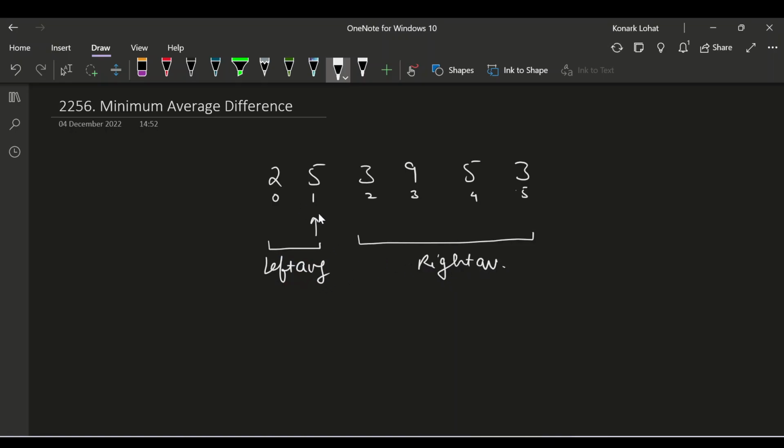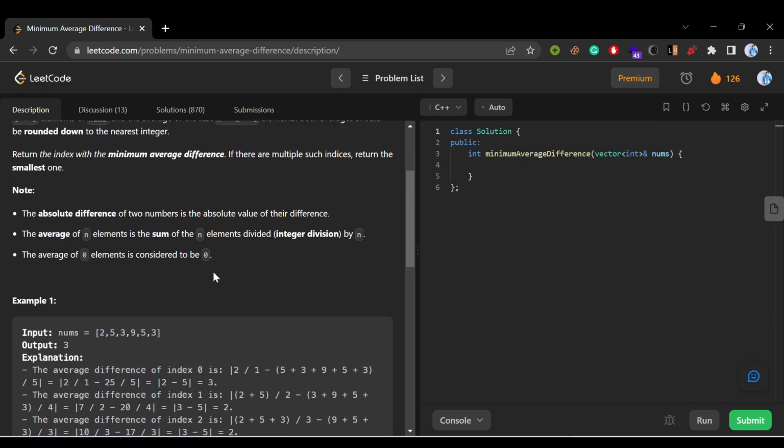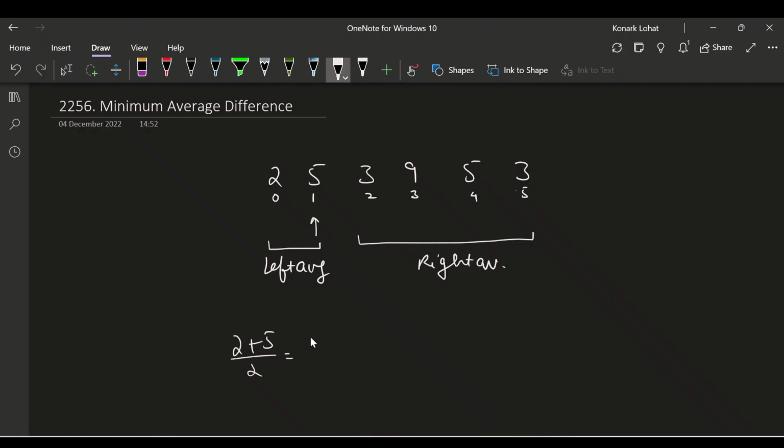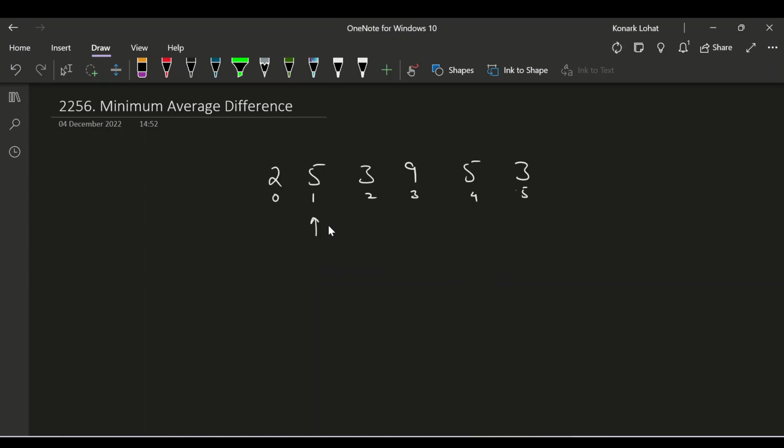So what will be the left average for this point? It will be 2 plus 5 divided by 2, and that is rounded integer division, right? So that is 7 by 2, so this is 3, which means at this point we will have 3 as the left average.